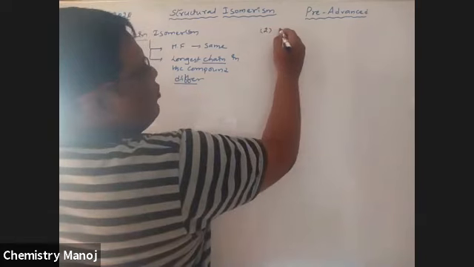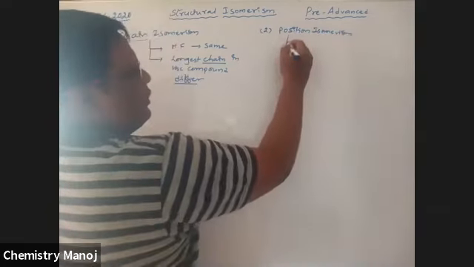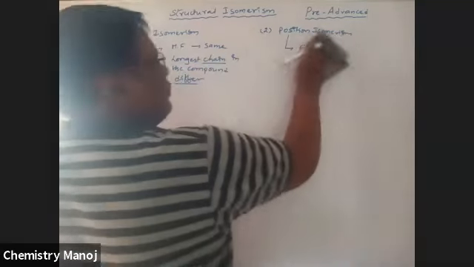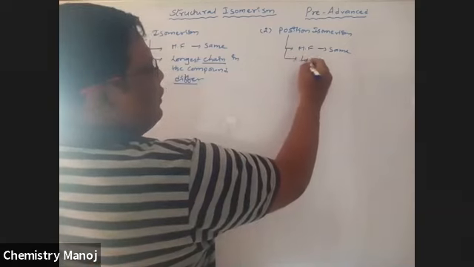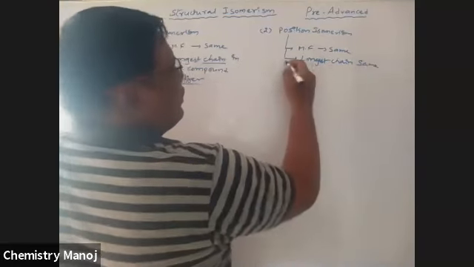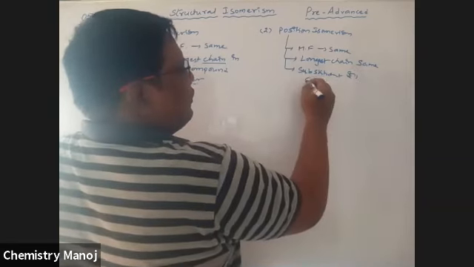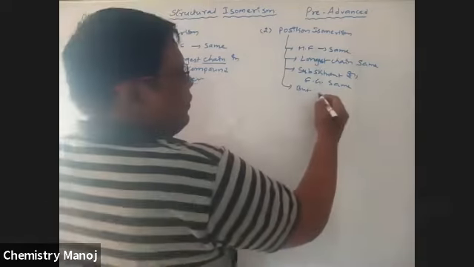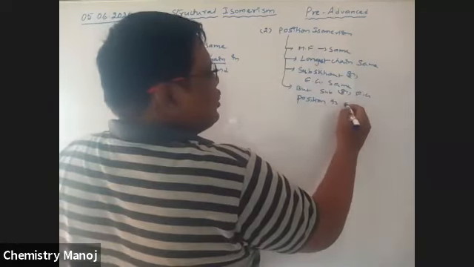Next one, position isomerism. Here, the molecular formula is the same and the longest chain is the same, but the substituent or functional group position is changed.